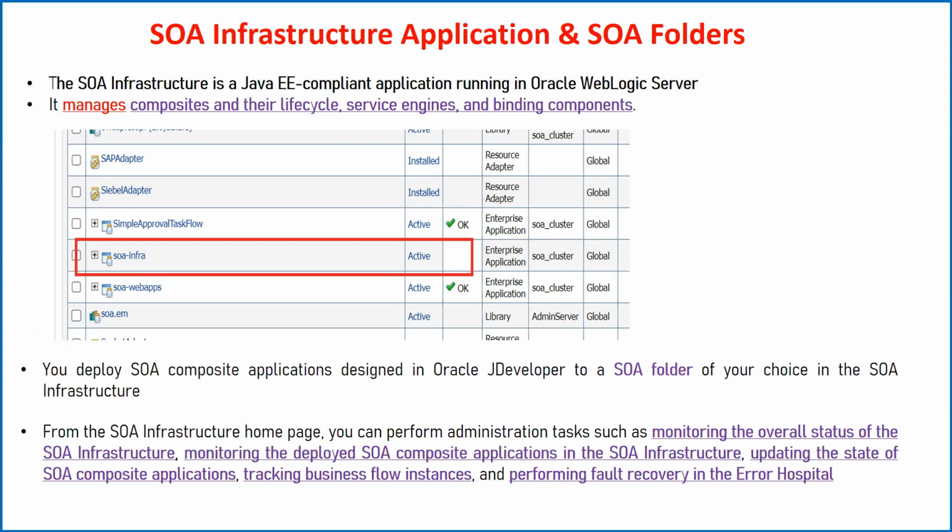So if you are not clear on the architecture of SOA, let me tell you, SOA is a Java-based application, right? Which is developed and then deployed on top of WebLogic Server. So that means the base application server for your SOA Suite is the WebLogic Server.